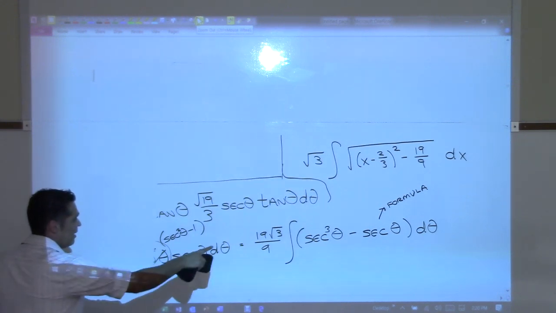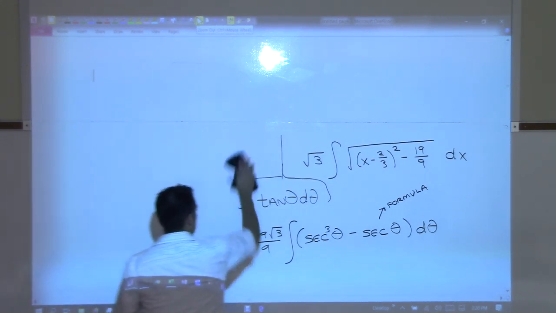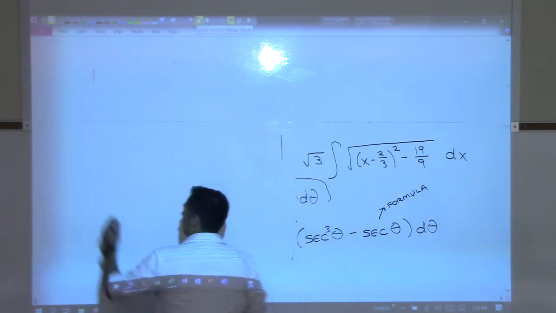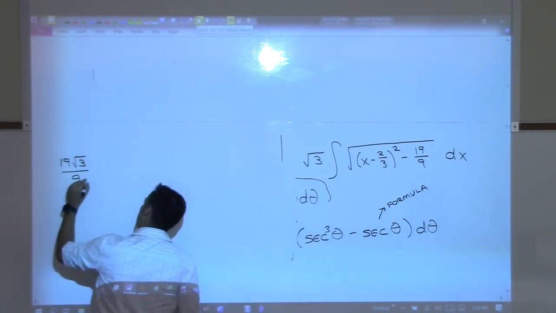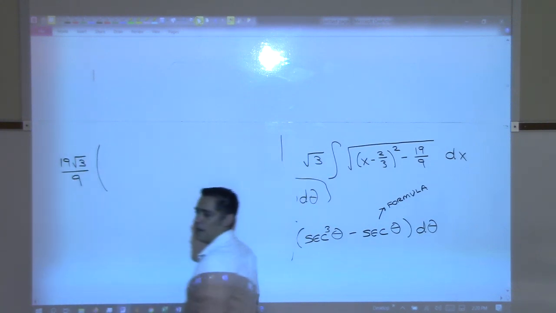All right, so here's where we are. You all need to help me out here. So we have 19 root 3 over 9. Okay, the integral sign's gone, right?